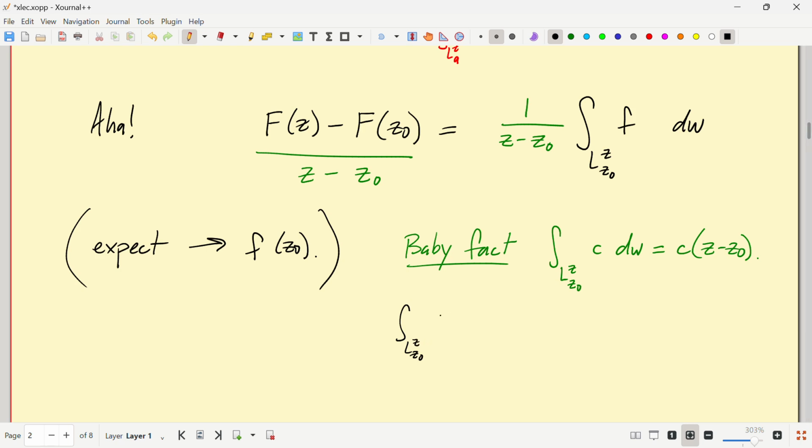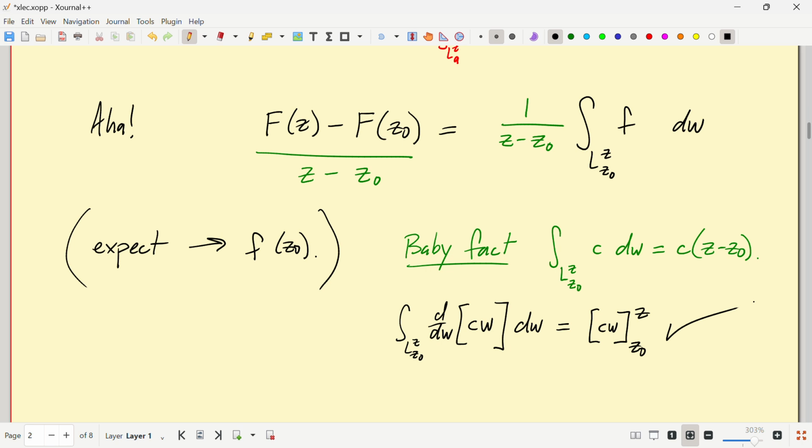The antiderivative of c with respect to w would be c times w, evaluated between z naught and z, and check. That's c times z minus z naught.